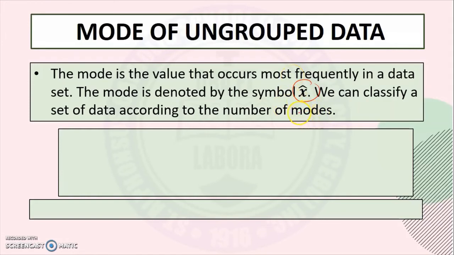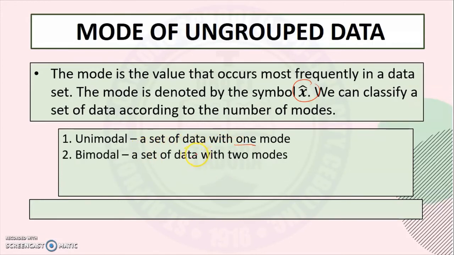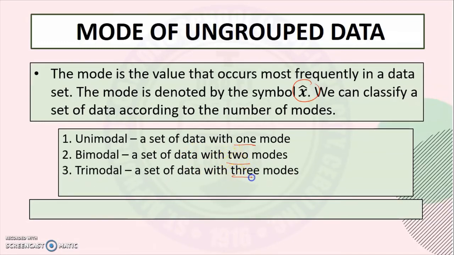So these are the classifications of data according to the number of modes. First, unimodal. It is a set of data with one mode. Next, bimodal. It is a set of data with two modes. Trimodal, a set of data with three modes.